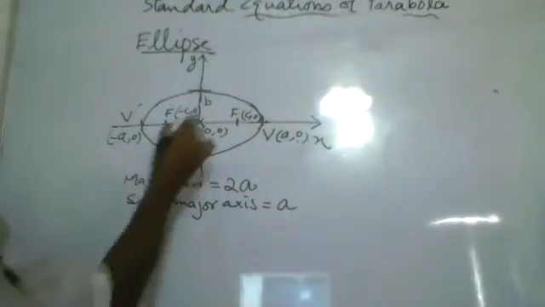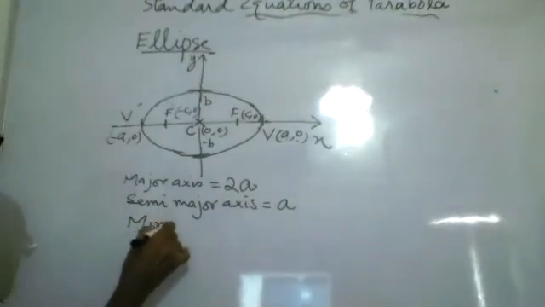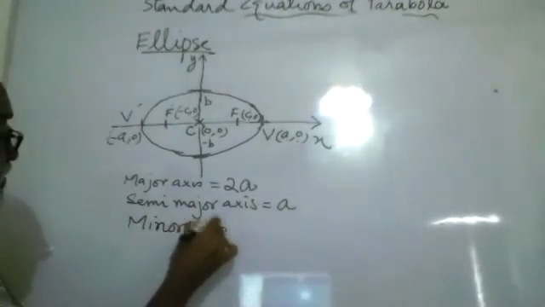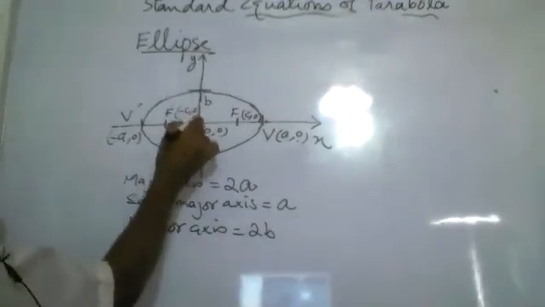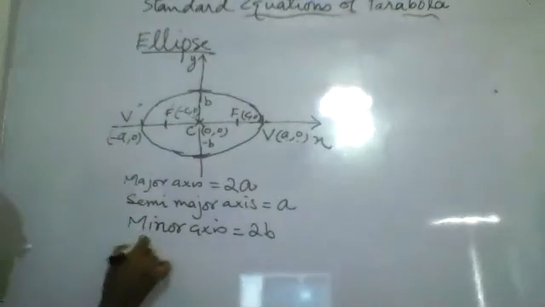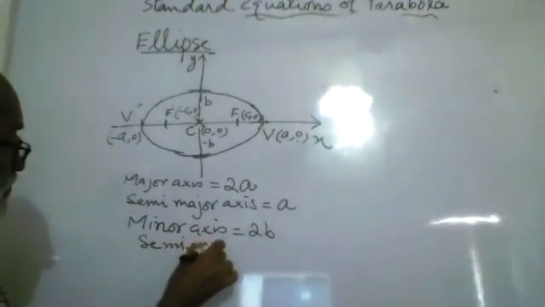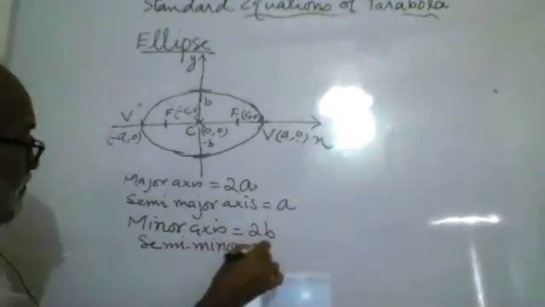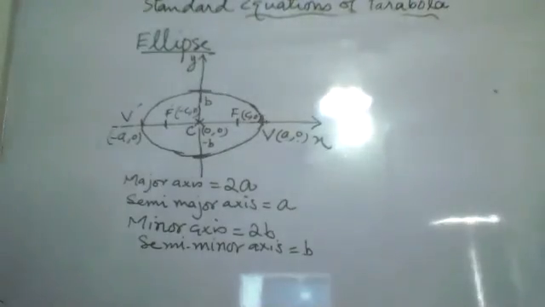So this is called the minor axis, from this up to here. From here to here, this is the distance b, this is also the distance b, so 2b. And the semi minor axis is equal to b. Semi minor axis is b and the minor axis is 2b. Major axis is 2a and semi major axis will be a.